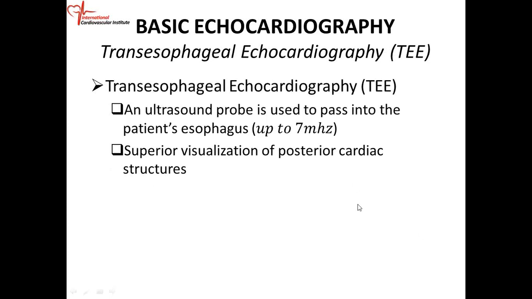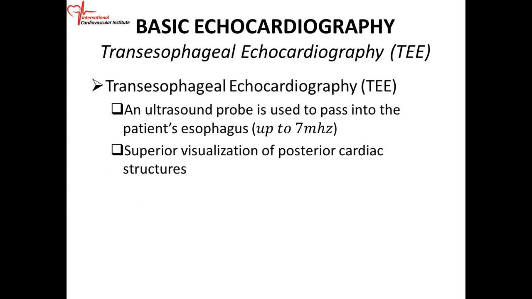All right, so when we say transesophageal echo, what are we talking about? What we do is pass an endoscope into the esophagus, but at the end of this endoscope, you have a camera, okay?